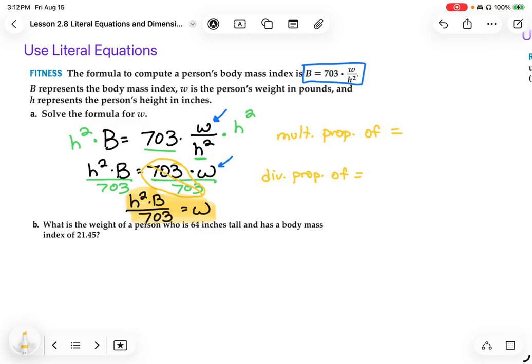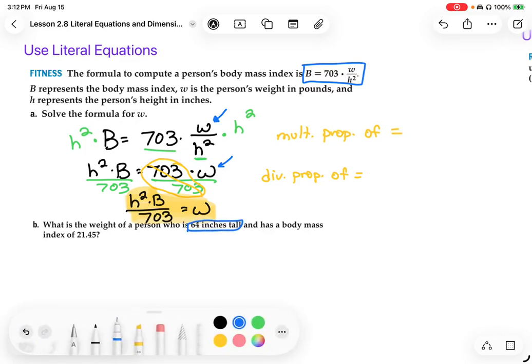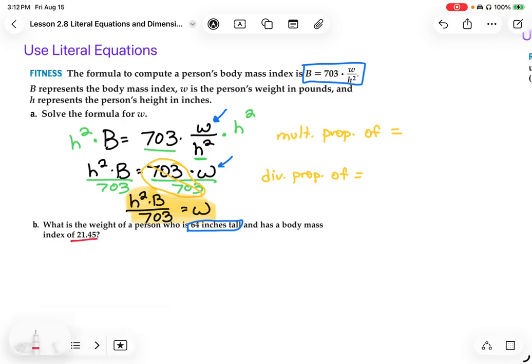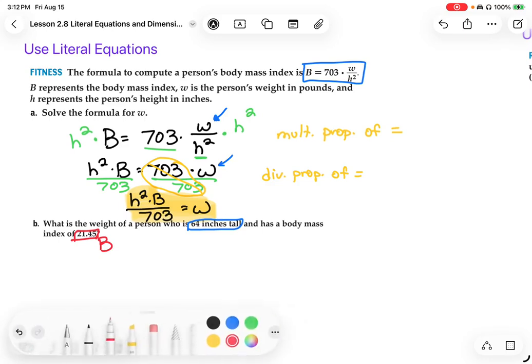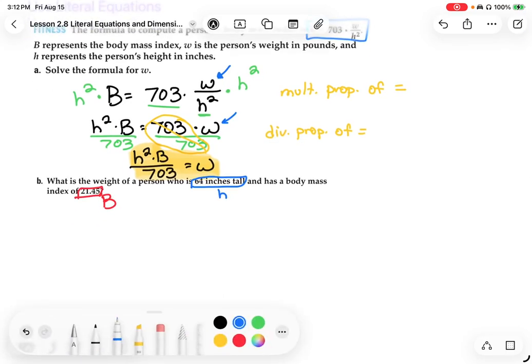Now let's use this equation. The next problem says, what is the weight of a person who is 64 inches tall and has a body mass index of 21.45? So what this means is their B, their body mass index, is 21.45, and their height is 64 inches tall.